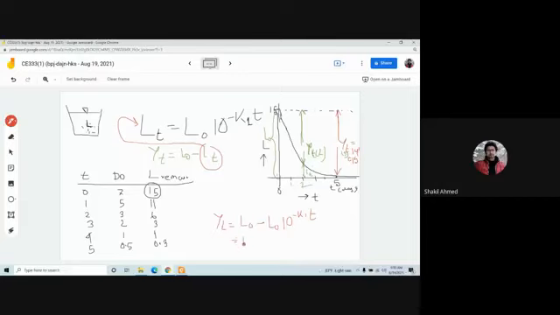If you take this L0 as common, 1 minus 10 to the power minus K1 into t. So Yt, now, this is basically the BOD. Clear?